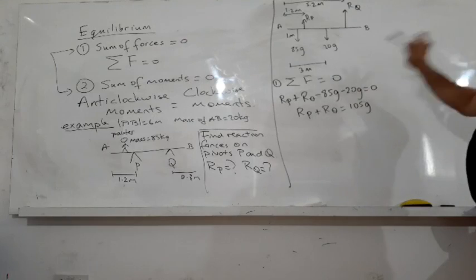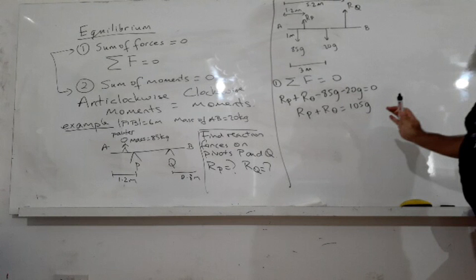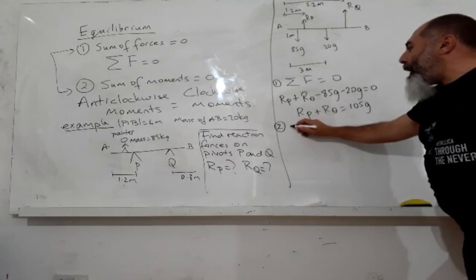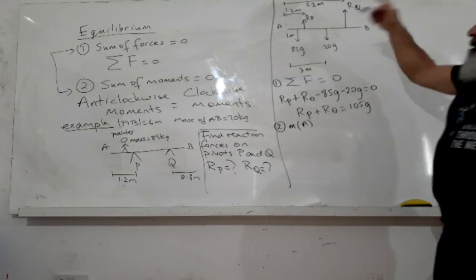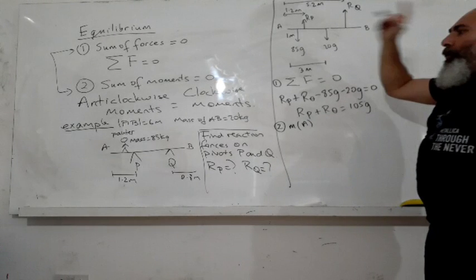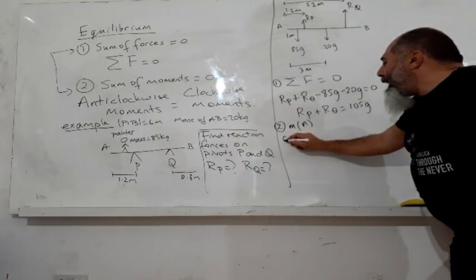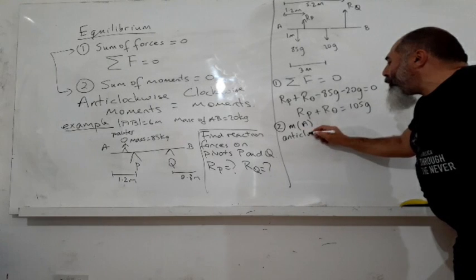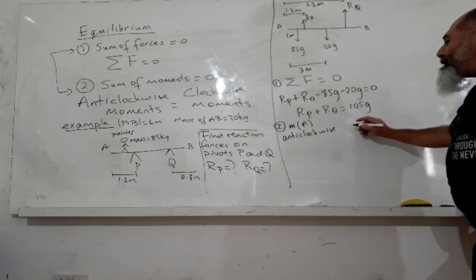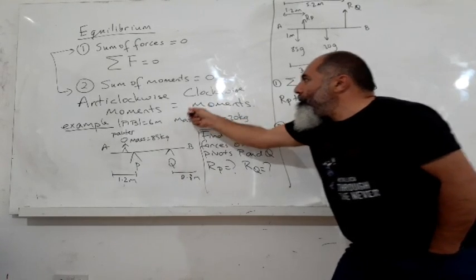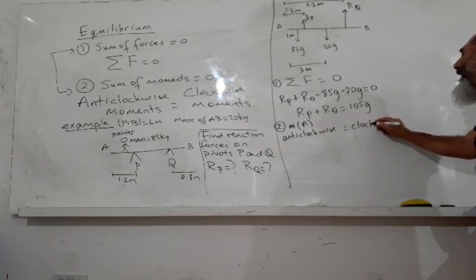And second step is to take the moments about point A. Always from point A. Always. And we have anti-clockwise moments which must be equal to clockwise moments. Why? Because we have to have equilibrium.